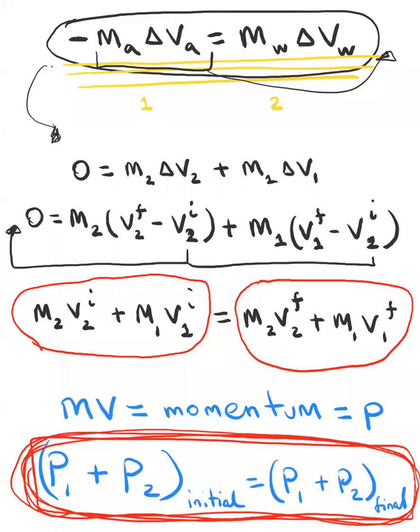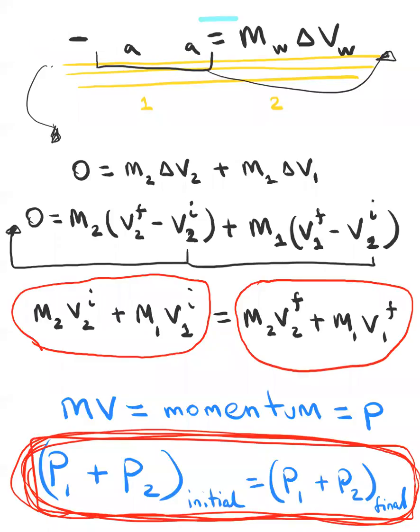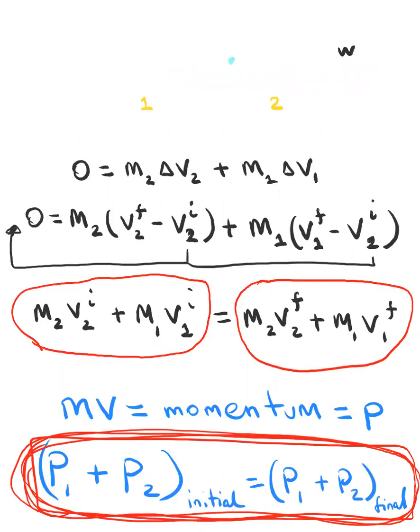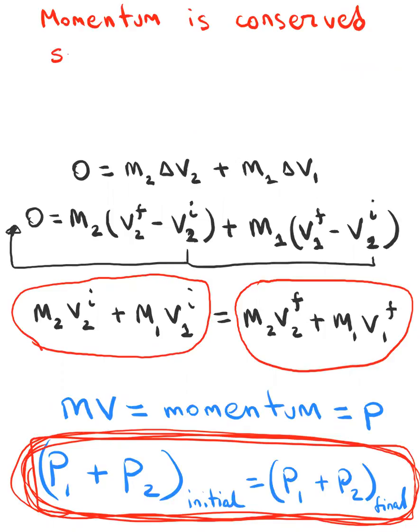Okay, so I will erase everything here, and I will just write our main result at the top. Our main result is that momentum is conserved. I will just write it in words. Momentum is conserved, and momentum is the sum over mass times velocity.